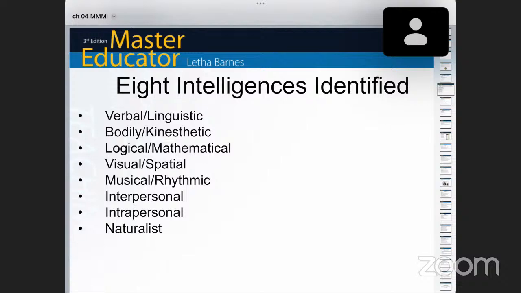Visual, spatial, which means it's going to click for this person when they see you do it. When you give them a video, when they see a picture, it's going to click. Interpersonal, intrapersonal, which means one is good in groups, and the other one, I would rather work alone.